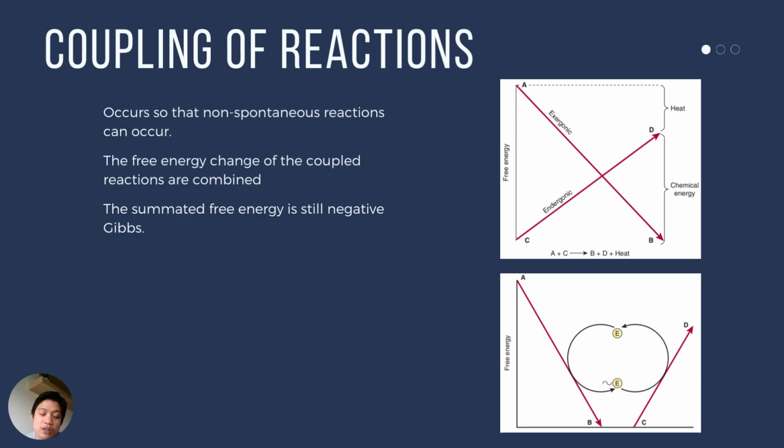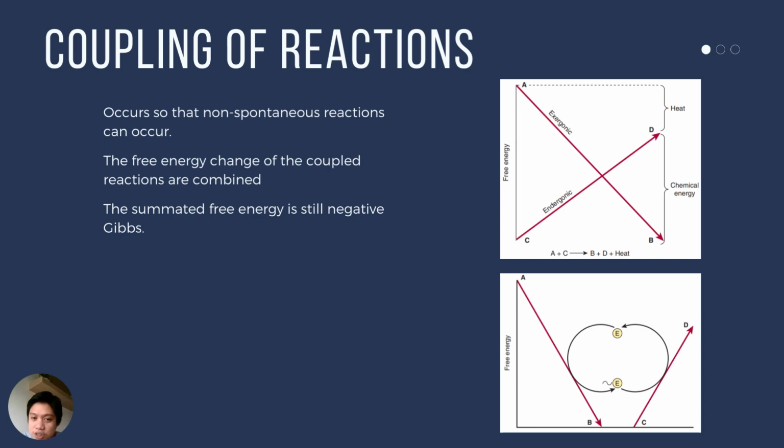You start from a state of low energy, that's C, and you end up at a state of higher energy, that's D. So what happens here is that for the reaction C to D to occur, you need energy that is released by A to B. So yung A to B na system, it will release energy.